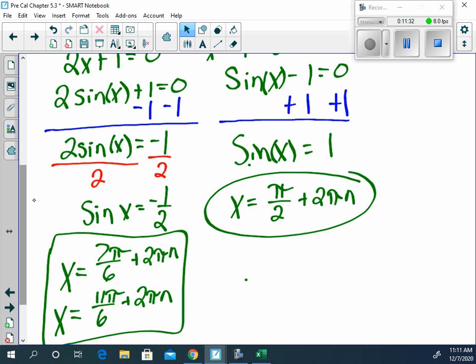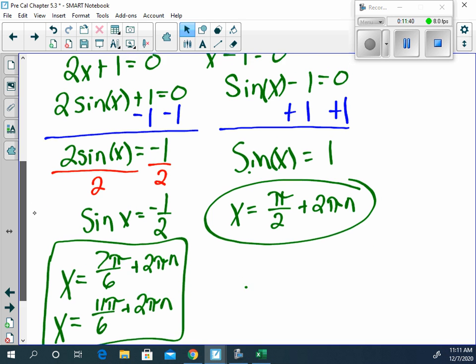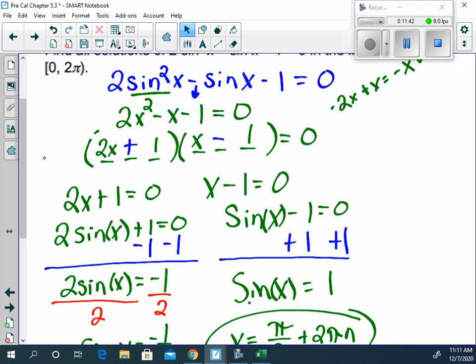Now notice this here, because it is a quadratic-ish equation, we do have a degree. It's a second degree. But this isn't a polynomial. So we can't use the fundamental theorem of algebra that the degree is equal to the number of zeros.